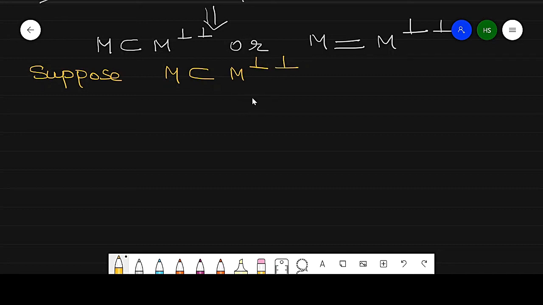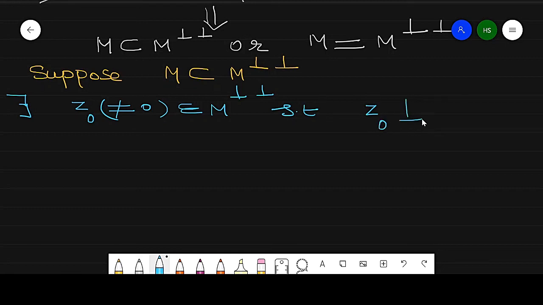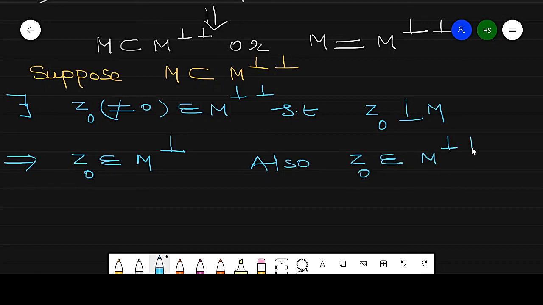If M is a proper subset of this, then by the previous result there exists some non-zero vector z0 belonging to, here the Hilbert space is this M double orthogonal complement, such that z0 is perpendicular to M. Now this vector being perpendicular to M implies z0 belongs to the orthogonal complement of M. Also z0 belongs to its orthogonal complement.